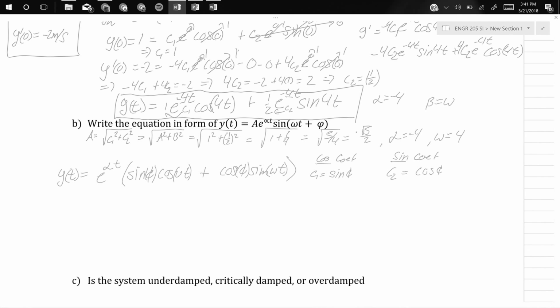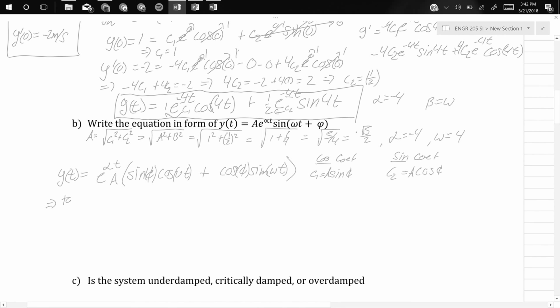Actually, it's times A, my bad, from my A here, so it is times your amplitude. But we don't need to worry about amplitude because of the way we solve for it. It cancels out.